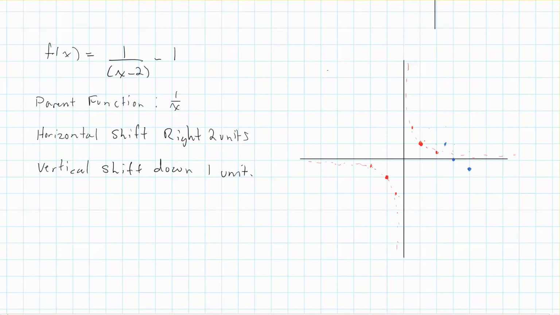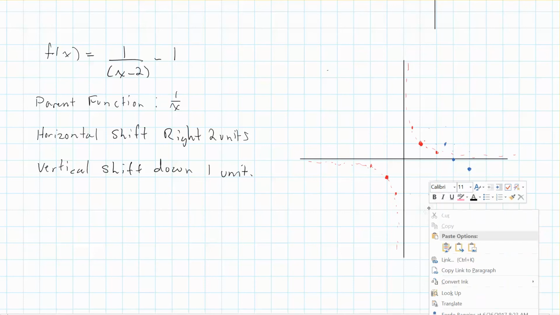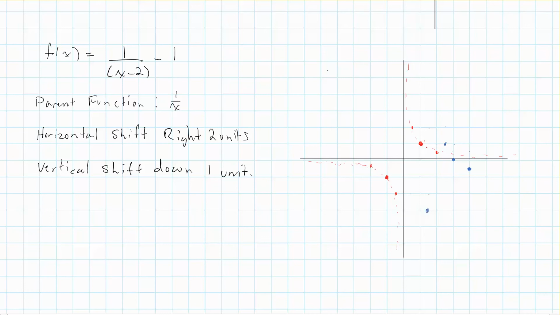And then the same thing with these. So 1, 2, down 1. 1, 2, down 1. Actually, this point should be maybe more over there. 1, 2, down 1.